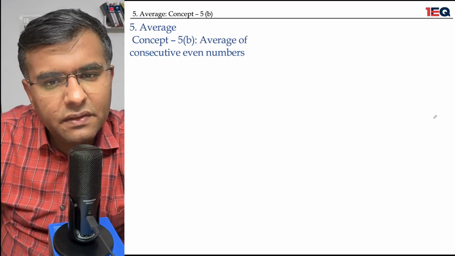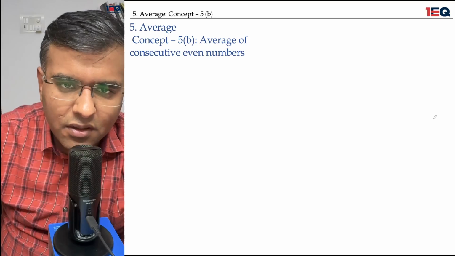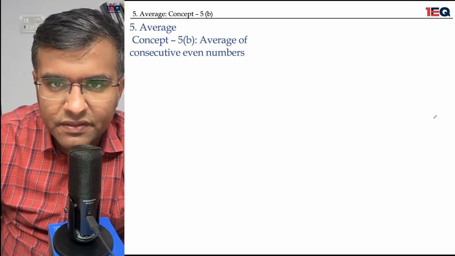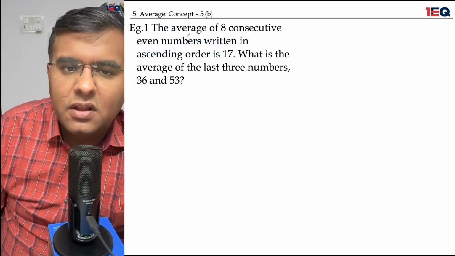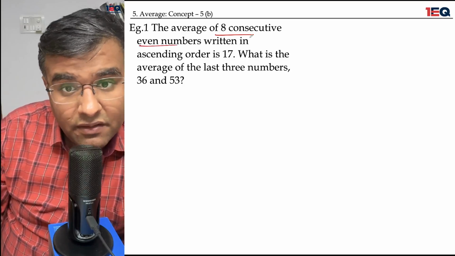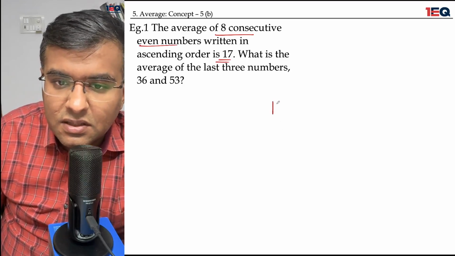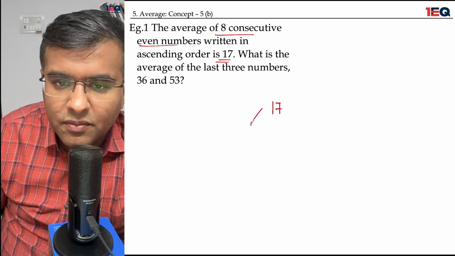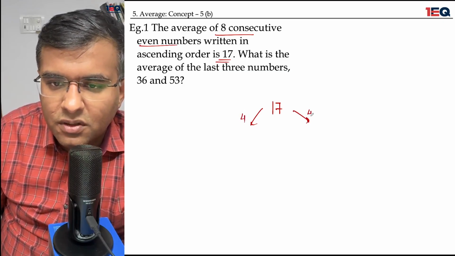Average of consecutive even numbers. These are not starting from 1, not the first consecutive even ones, so we'll apply the same concepts that we learned. The average of 8 consecutive even numbers, written in ascending order, is 17. It means that 17 is the middle number, with four terms on the left and four terms on the right.